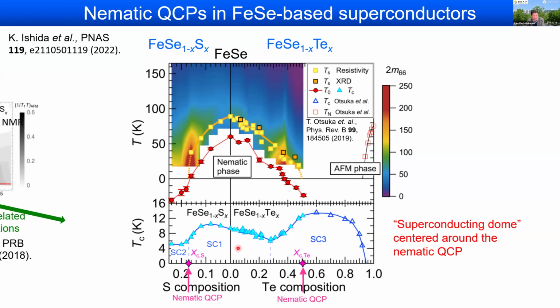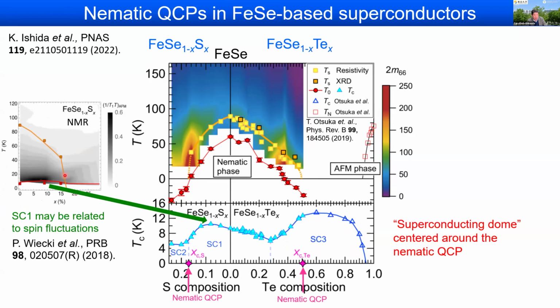There is a very beautiful NMR work by Furukawa-san in Ames, who found a strong correlation between this Tc and the NMR 1/T1T. This indicates that, although there is no magnetic order in this phase diagram, there are some remnant spin fluctuations, which are responsible for the superconductivity in SC1.